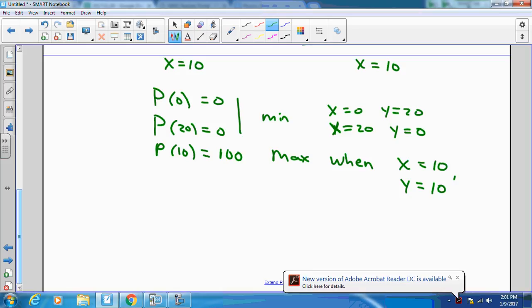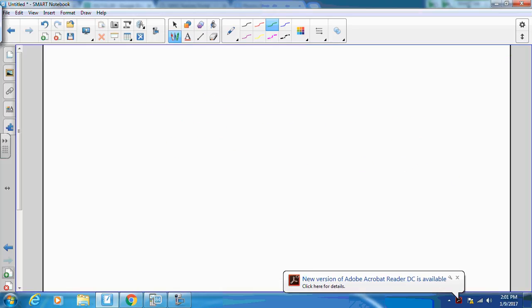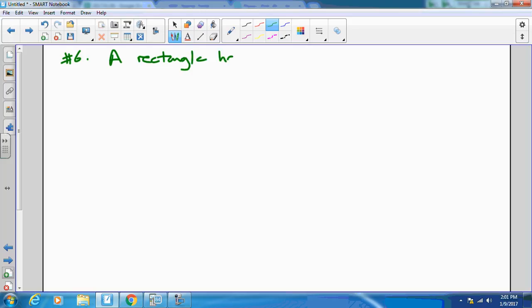How good? Okay, good. I want to consider a second problem. Number 6. A rectangle has its base on the x-axis.